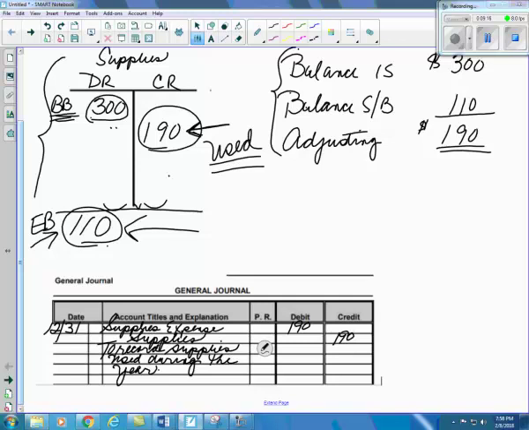The difference between those numbers is $190, so we're going to use that. So this is the simplest of examples, and in just a moment, we will complicate this a little further with some purchases.